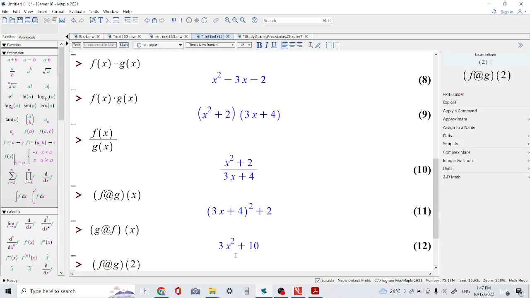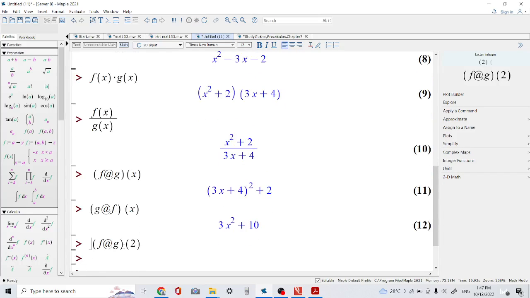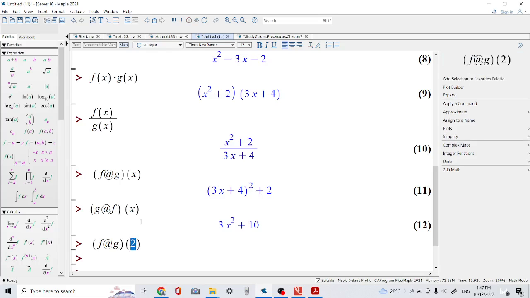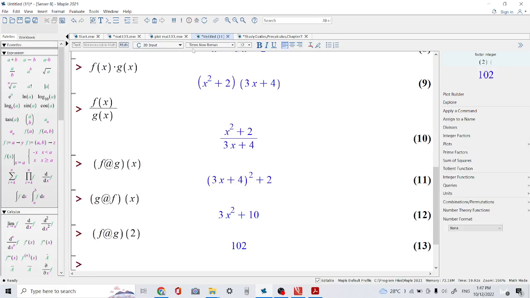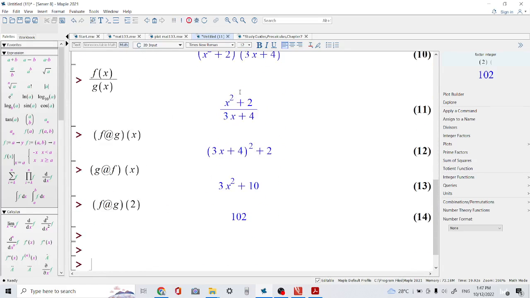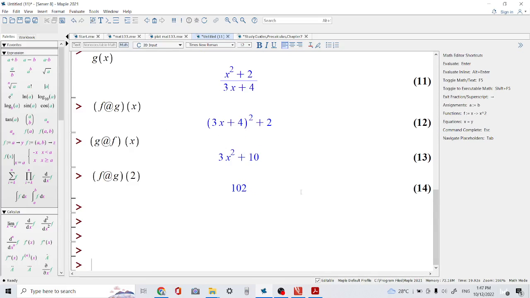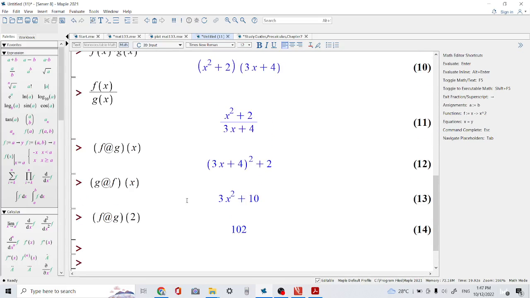Alright, so we will get this one. And then if you want to have 2 inside the x, also can. You will get the answer. If you want to run back the answer from the beginning, you just press this button. Okay, so this is how to do function.